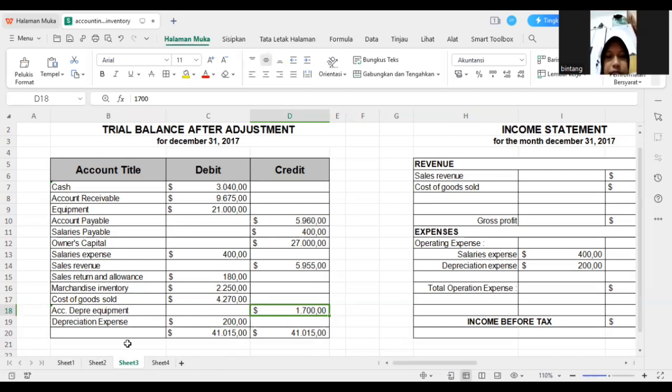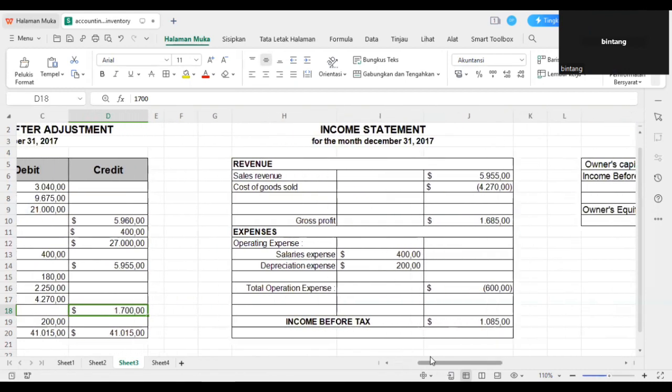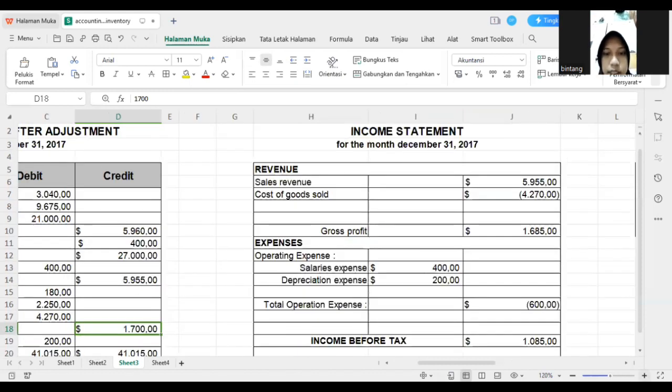And the next instruction is to prepare an income statement for December 2017 and a classified balance sheet at December 31, 2017. So the income statement first, for the month of December 31, 2017.